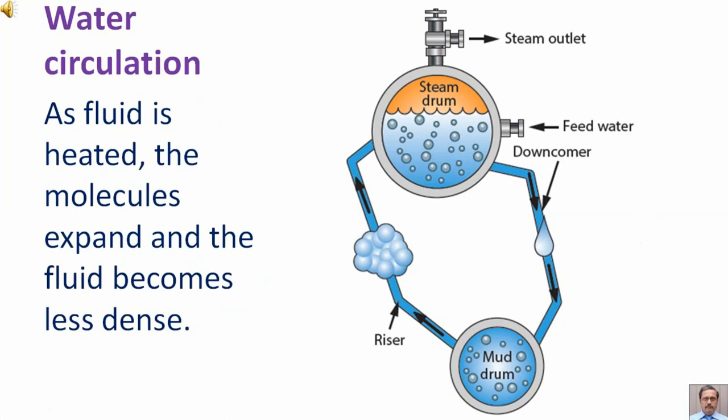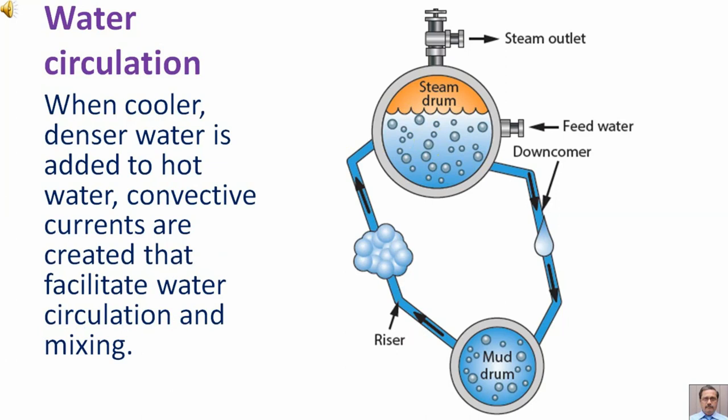As the fluid is heated, the molecules expand and the fluid becomes less dense. When cooler, denser water is added to hot water, convective currents are created that facilitate water circulation and mixing.